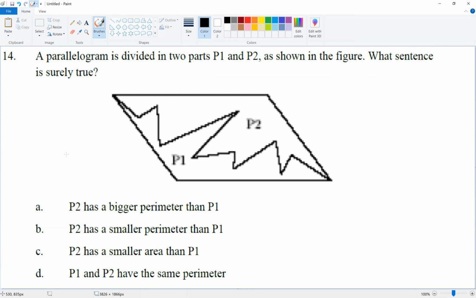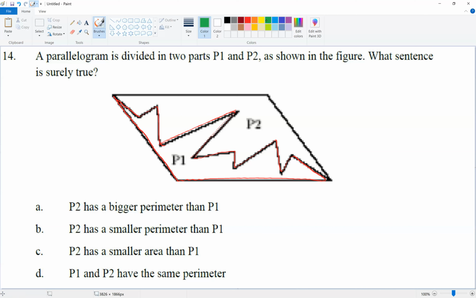What do you think? P1 has a bigger perimeter, P2 has a smaller perimeter, P2 has smaller area, P1 and P2 have the same perimeter. I think it's D. D, that is correct. Because if you look at the picture, the P1 perimeter would be this line, correct?